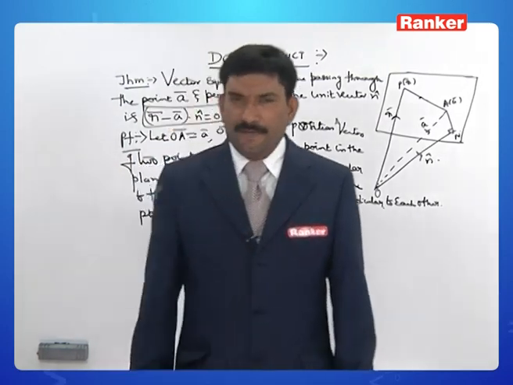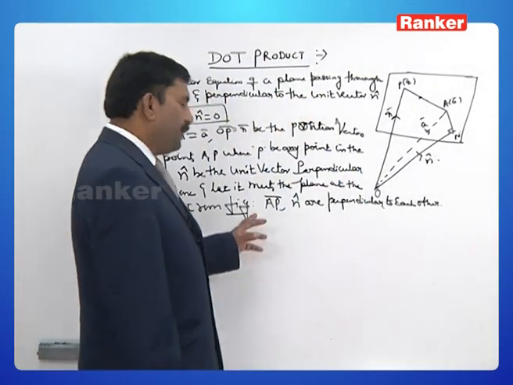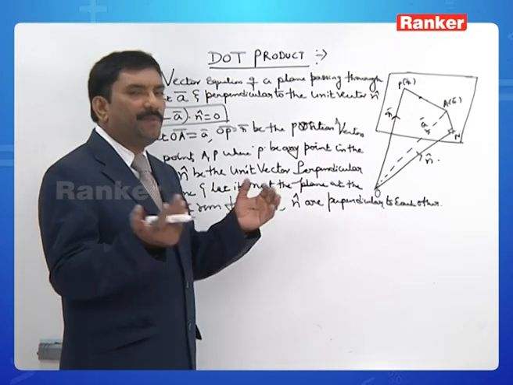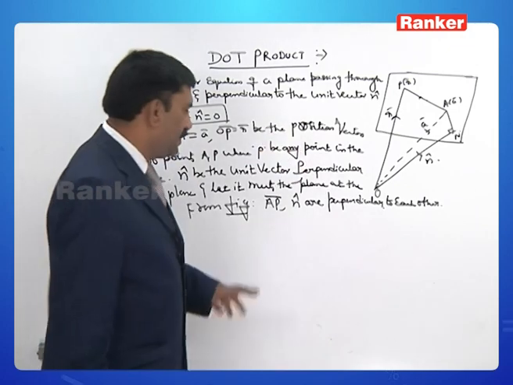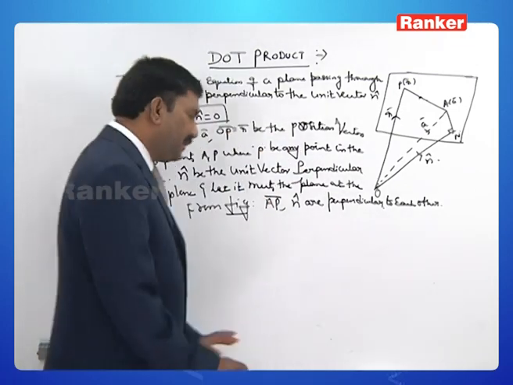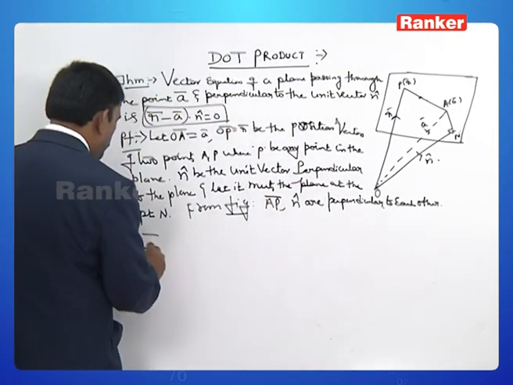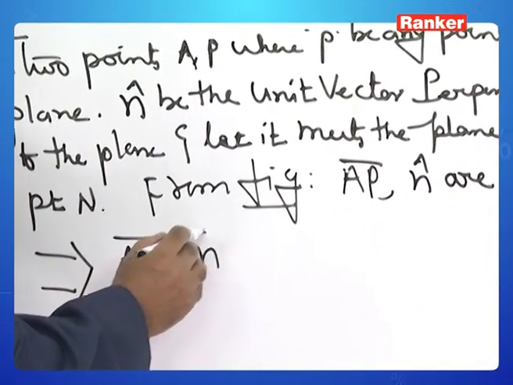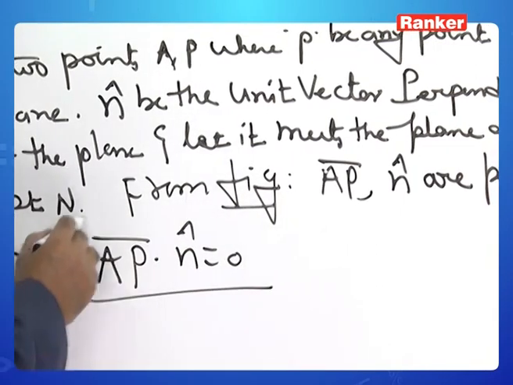Followed? So when A bar and B bar are perpendicular, A bar dot B bar is equal to 0. Since these two are perpendicular, I can write AP bar dot N cap is equal to 0.